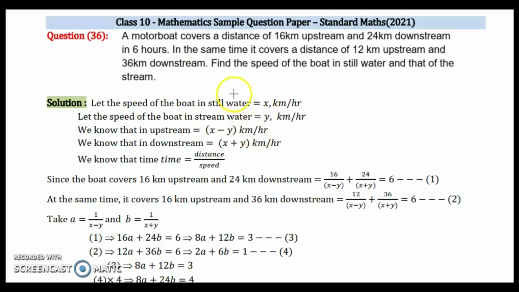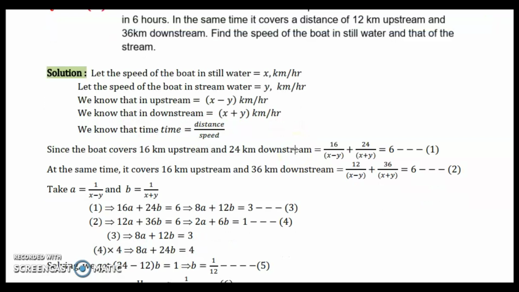Let us take x and y as the speed of the boat in still water and the speed of the stream. Everybody knows in the upstream it is going to be x minus y, and in the downstream it is going to be x plus y. Also we know that time taken equals distance divided by speed.